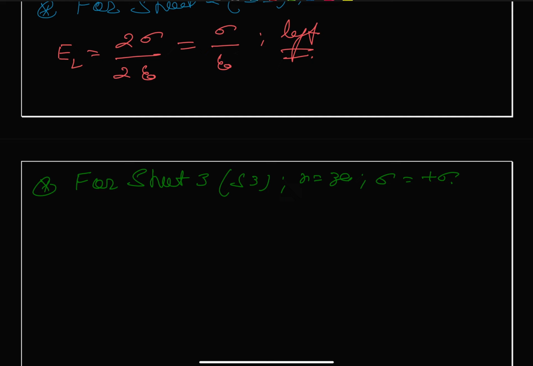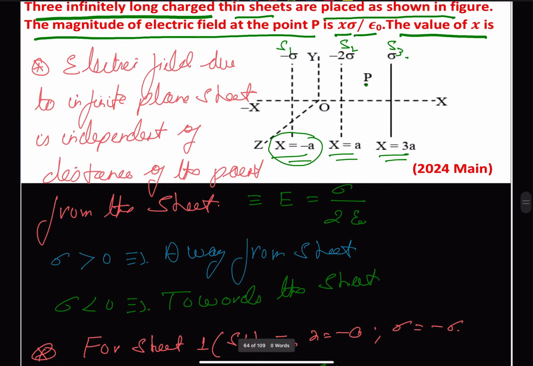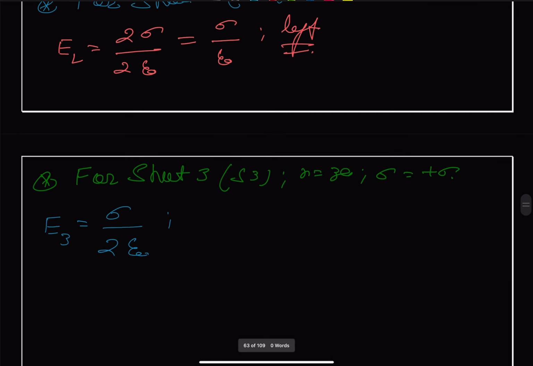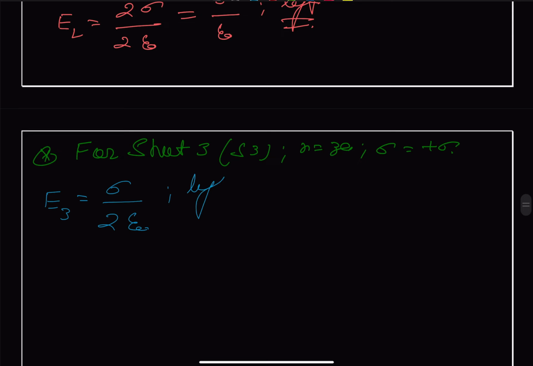So we can say our E3 will be equal to sigma upon 2 epsilon naught, and point P is toward the left, so the direction will be towards left.